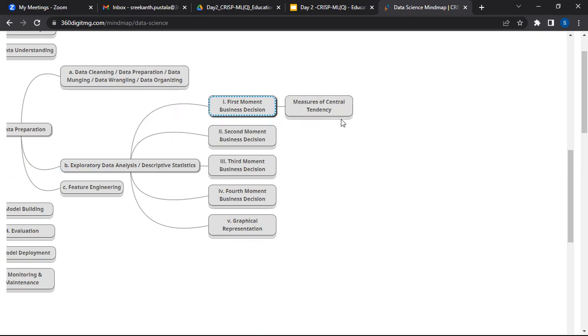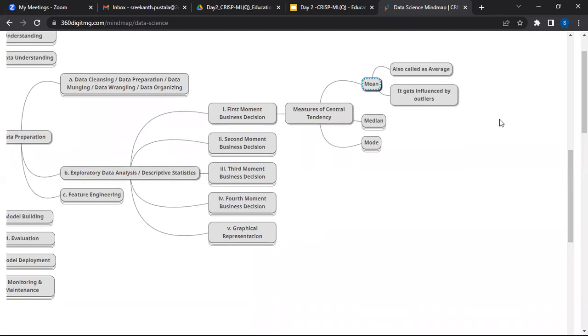The first moment business decision is also known as measures of central tendency, where we have three different statistical measures: mean, median, and mode. The mean is also called the average, and it gets influenced by outliers.